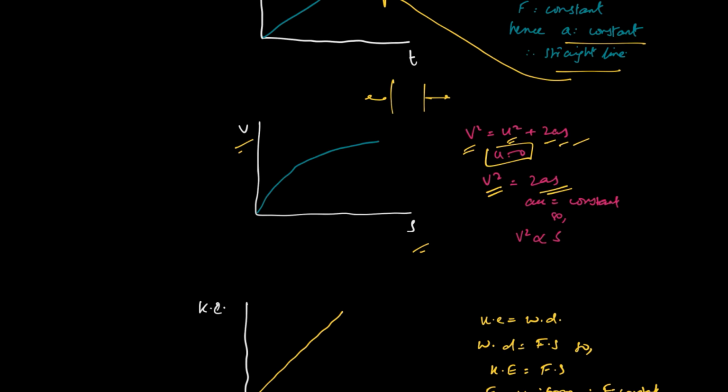And my acceleration would be constant, why? Because we already proved that acceleration is constant because force is constant, and force is constant because for a constant charge my electric field strength would remain constant. As a result, since 2 into a is constant, I could apply proportionality: v squared is directly proportional to my displacement.